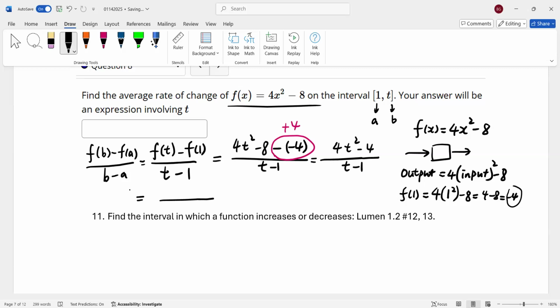The binomial numerator, 4t squared minus 4, has a GCF. You might remember the last chapter in Foundation 2. You should have learned factoring polynomials, right? Very important for pre-cal. Factorization of polynomials is very important for pre-cal. We're using it right now. We're going to factor 4 out.